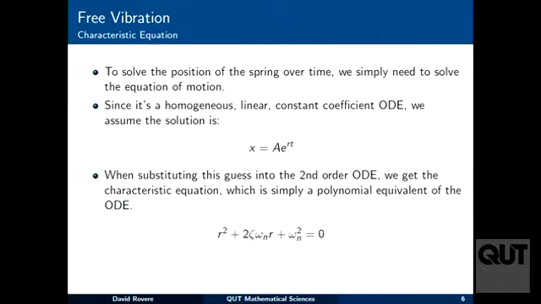We substitute that into the ODE, which ends up giving us a characteristic equation, with that characteristic equation just being a polynomial equivalent of the ODE. So all our second order derivatives turn into r squareds, all our first order derivatives turn into r's, and all our zeroth order derivatives turn into r to the zeros, so they turn into 1s.